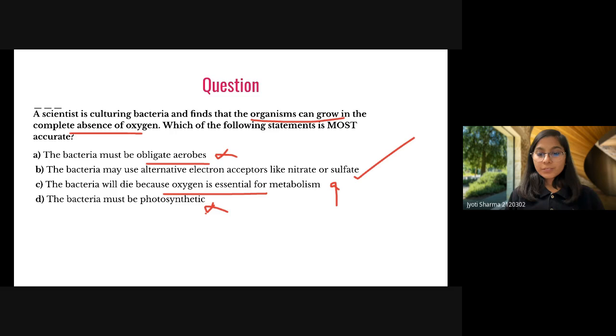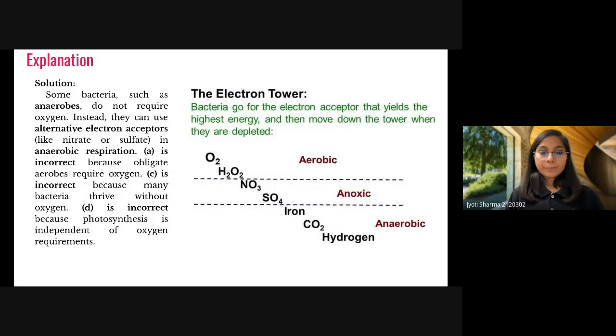So B option is the right one. If you see here, we have the electron tower, and if we do have the anaerobic and anoxic condition, then the sulfate, nitrate, iron, CO2, hydrogen can replace this oxygen, right?